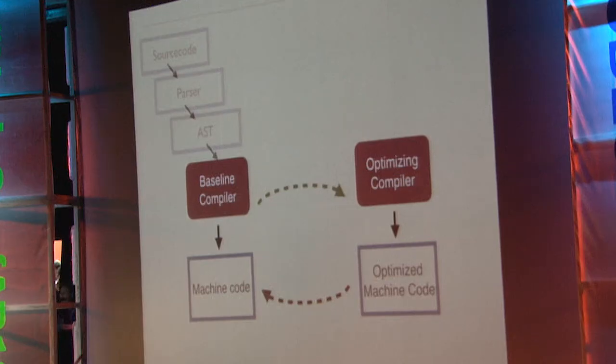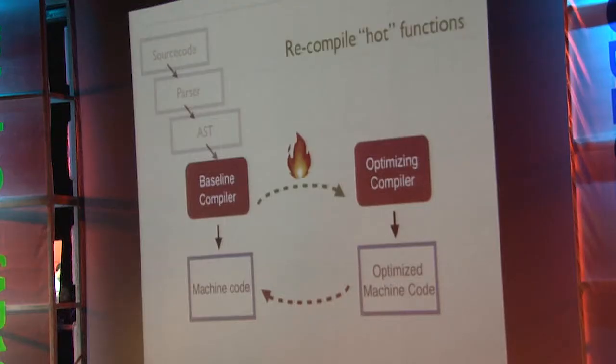So here's this in a picture again. We have source code that the parser turns into an abstract syntax tree, and then the baseline compiler takes this abstract syntax tree and compiles the functions just in time as we need them into machine code and runs this machine code. And while we execute the machine code, the compiler collects information about some of the inputs and parameters, and it also collects information if a function is being run a lot.